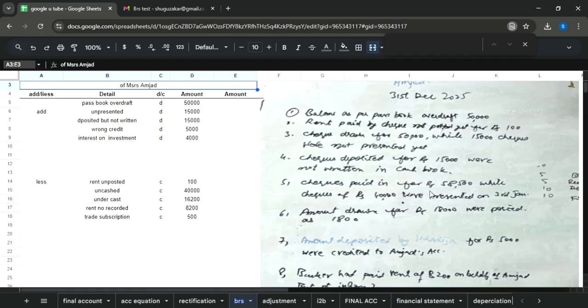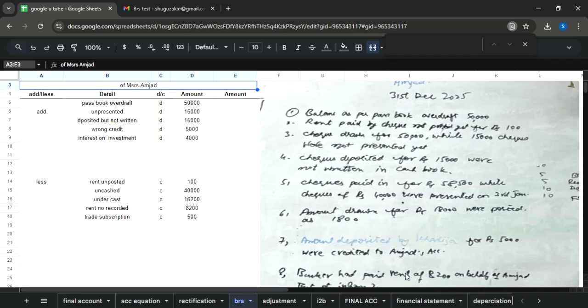Then the amount drawn for rupees 18,000 was posted as, so credit the difference of amount. Wrong credit, we are supposed to make it a debit of 5,000. Here is debit 5,000.